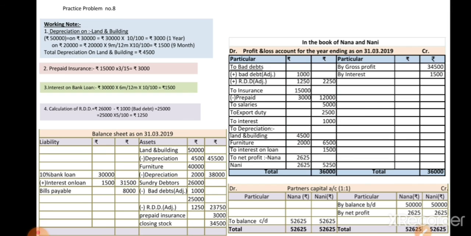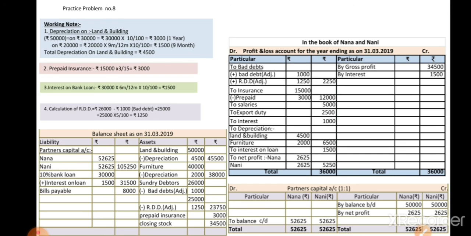Both the accounts' total is 52,625, and the closing balance of this capital account we show in the balance sheet, liability side, partners capital account: Nana's capital 52,625, Nani's capital 52,625 recorded in the inner column, and we take the total of both the capital accounts.